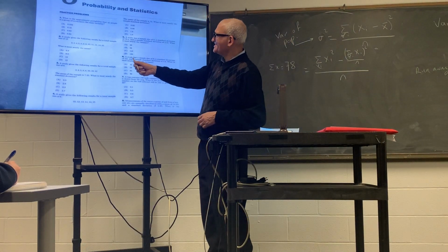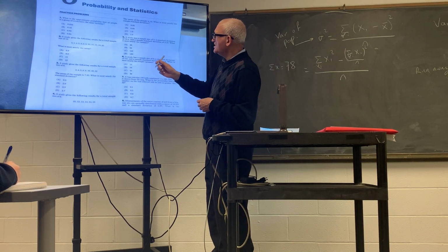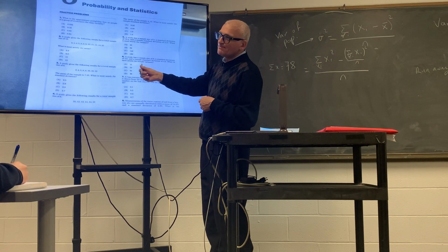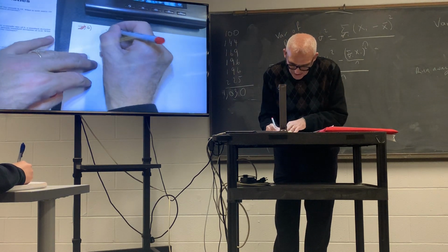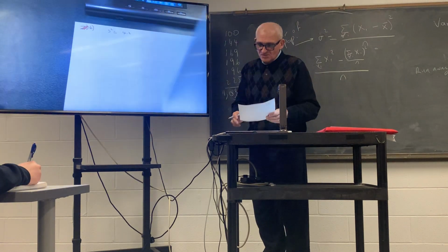But this is a study that has a sample of size 9, a standard deviation of 4, and a sample standard deviation of 4.2. What is most nearly the sample variance, S squared? So here you say S squared equals the sample standard deviation squared, right?